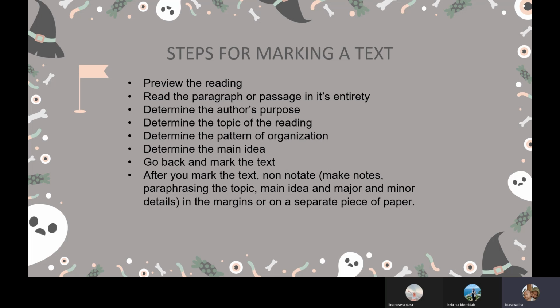The fourth, determine the topic of the reading, then determine the pattern of organization, determine the main idea, and go back and mark the text. And the last one, after you mark the text, annotate or make notes paraphrasing the topic, main idea and major and minor details in a margin or on a separate piece of paper.